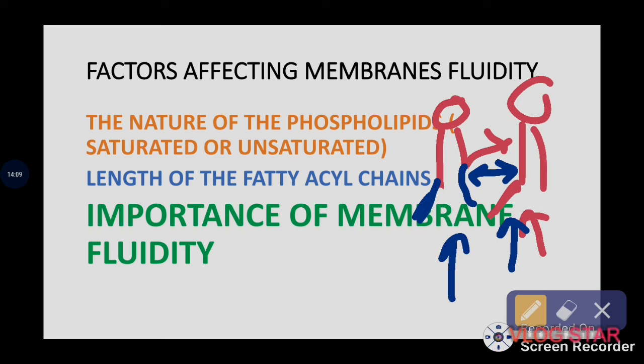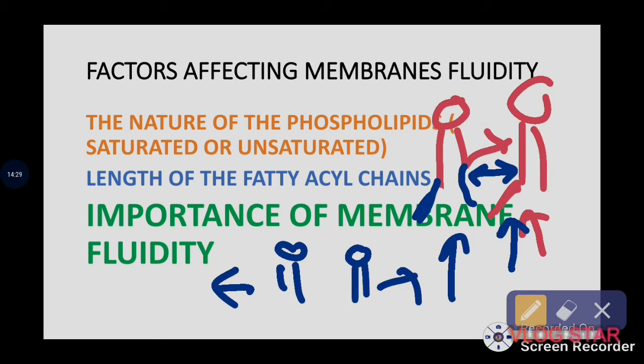So the nature of the phospholipid determines the fluidity of the membrane. The length of the fatty acyl chain is also important, because as the length decreases, the phospholipid molecules are free to move from one another, and the fluidity increases. The more the length increases, the more the fluidity decreases. So it has an inverse relationship.